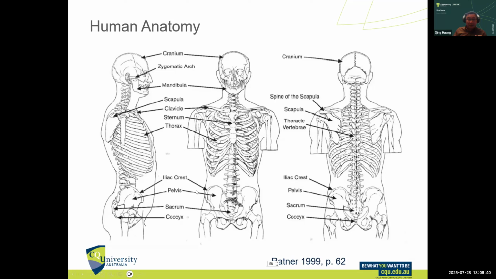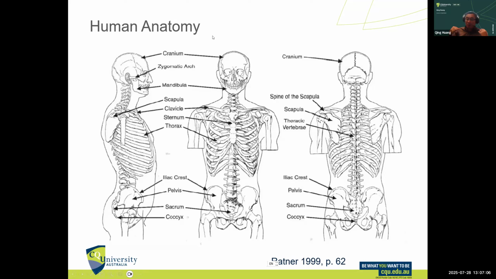So like the cranium, the zygomatic arch, sometimes called the cheekbones, and the jaw, and in the back you have the scapula. That's the most flexible bone. It's actually floating at the back of the human body, and a lot of muscle is attached to it.